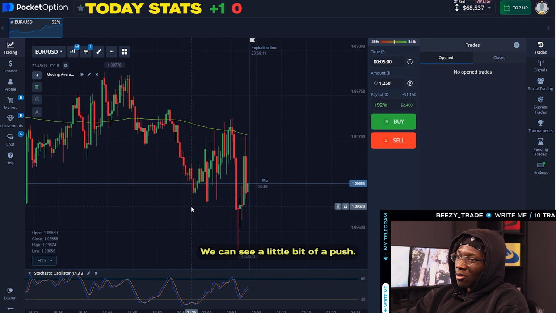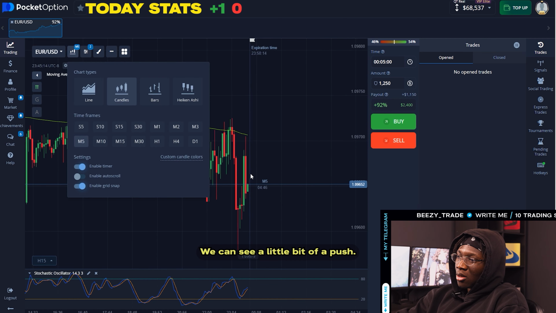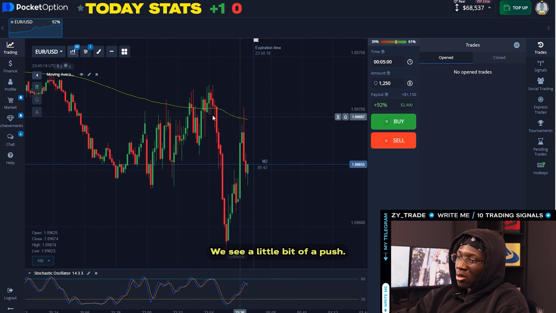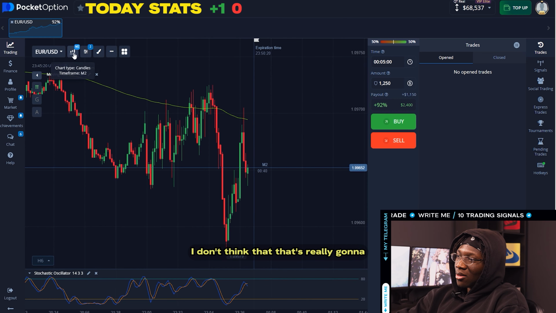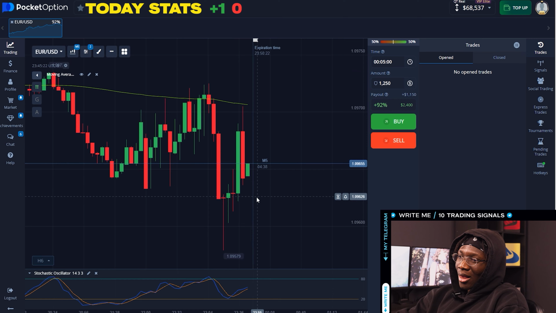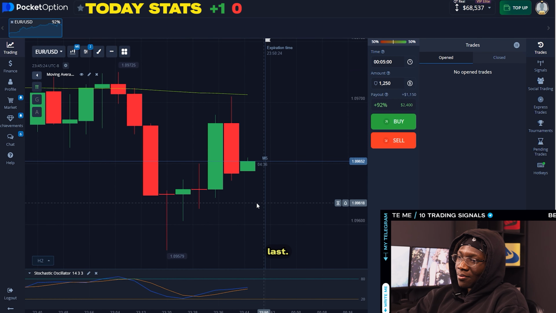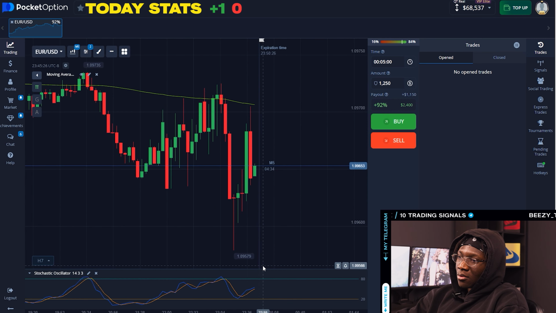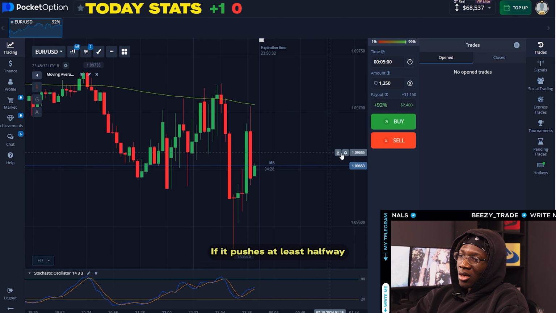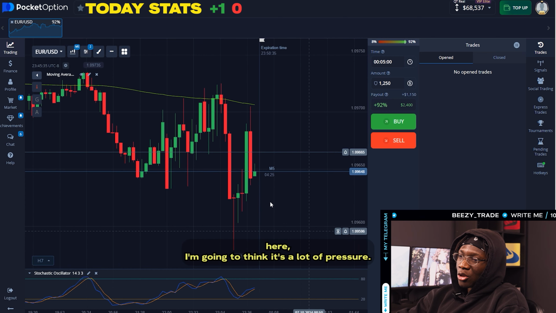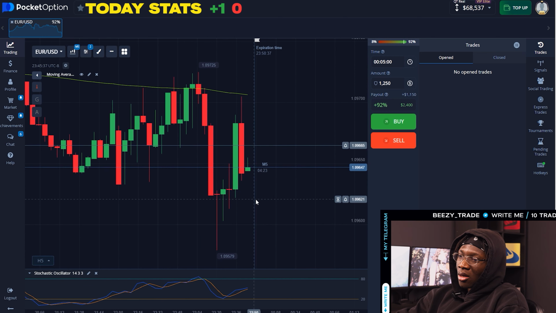Right here, we can see a little bit of a push. You can see a little bit of a push. I don't think that that's really gonna last. If it pushes at least halfway here, I'm gonna think it's a lot of pressure, and the buyers are trying to push that price up.